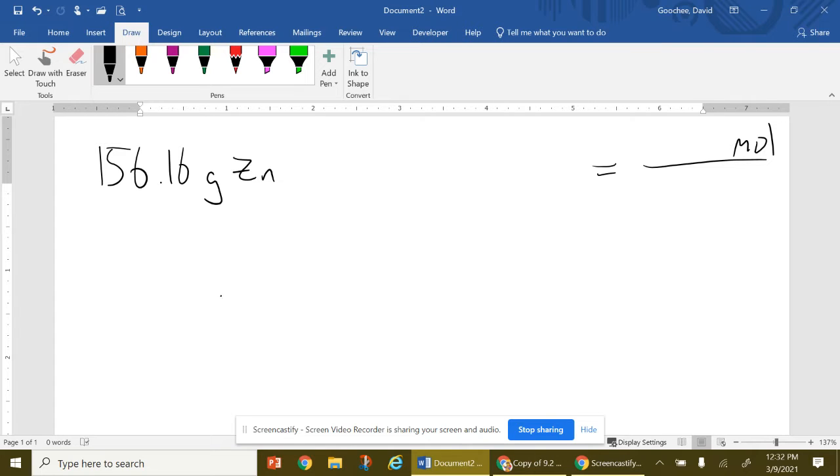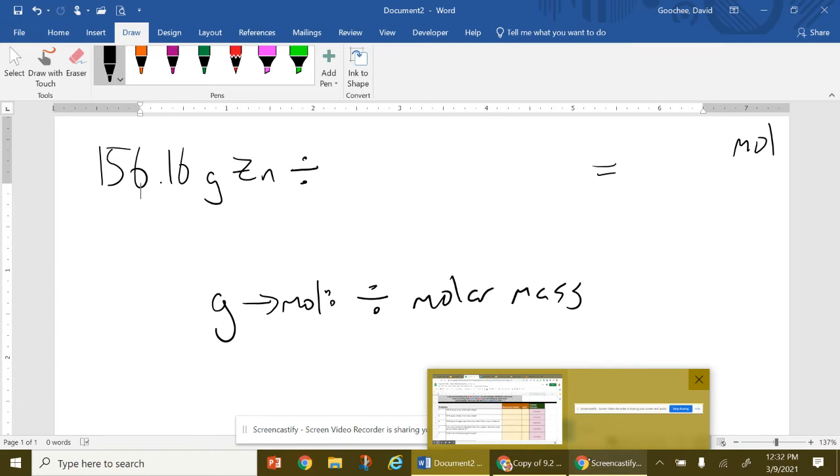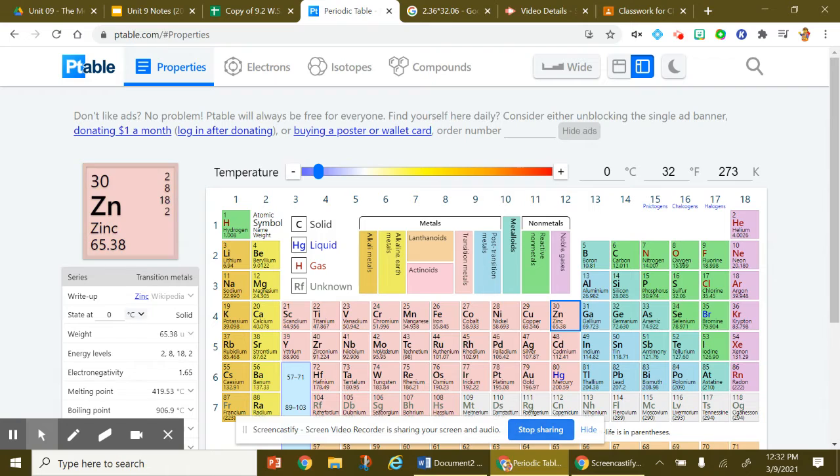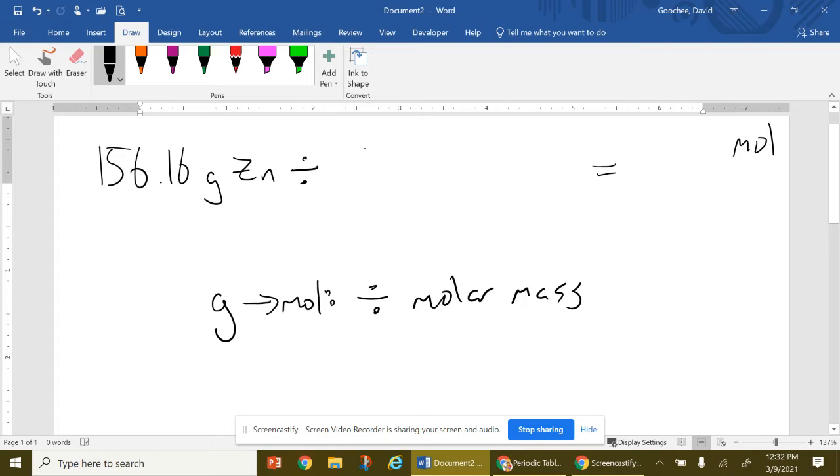Now, when you're going from grams into moles, you're just going to divide by the molar mass. So I'm just going to divide by the molar mass of zinc, which I can conveniently find on the periodic table. The molar mass of zinc is 65.38 grams per mole.